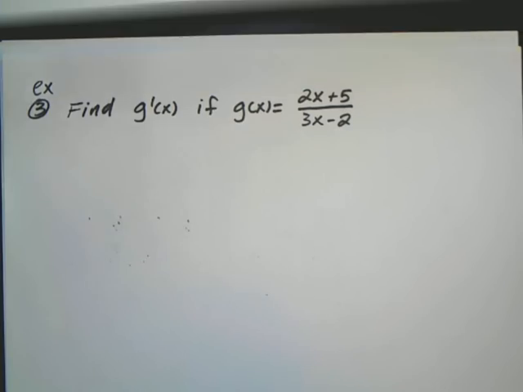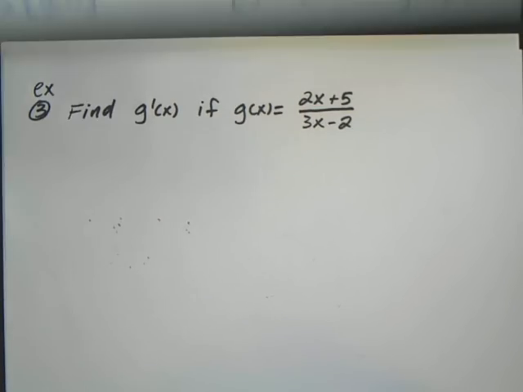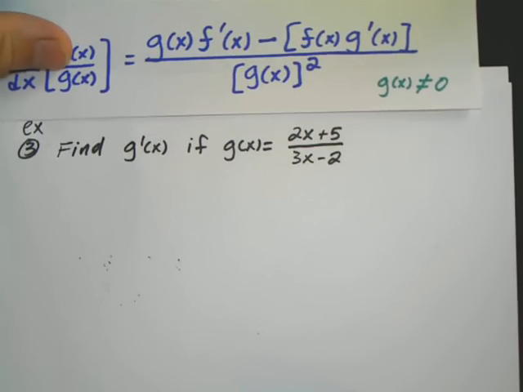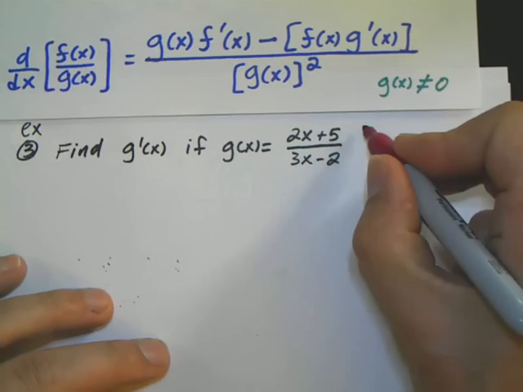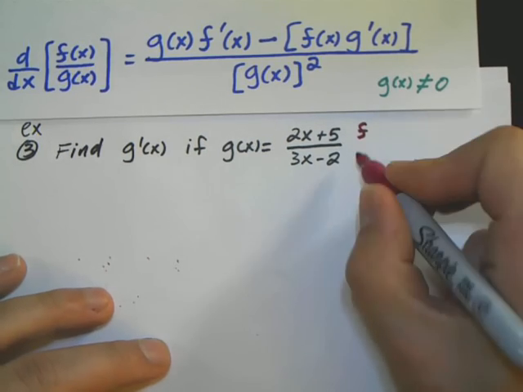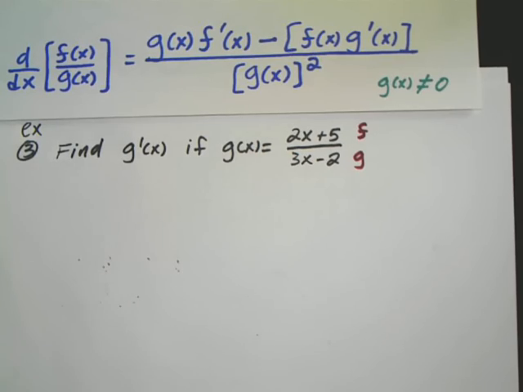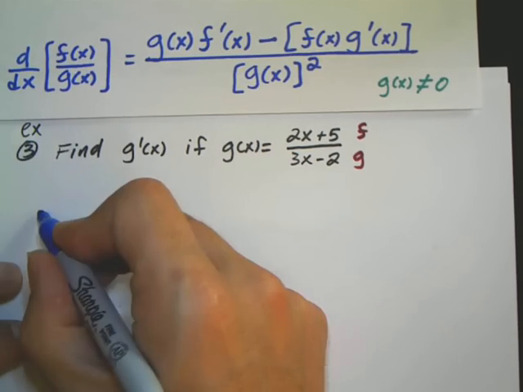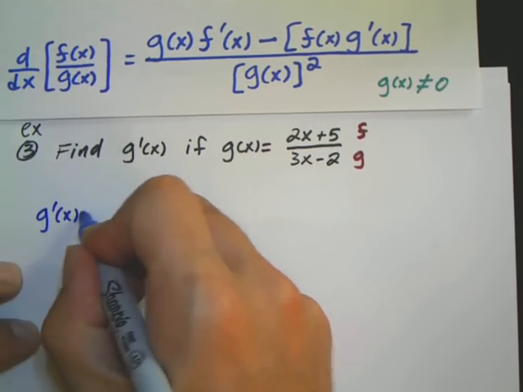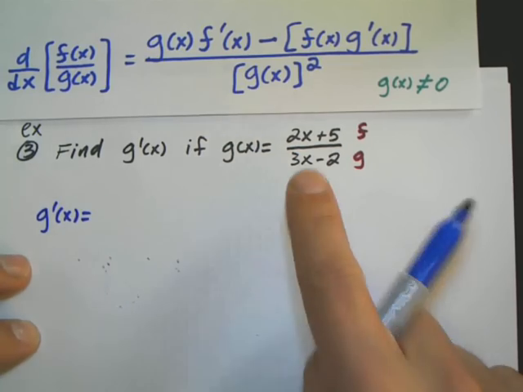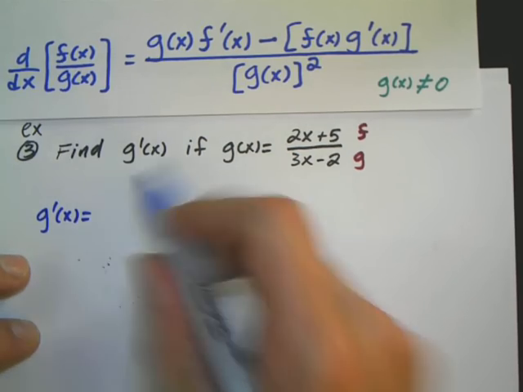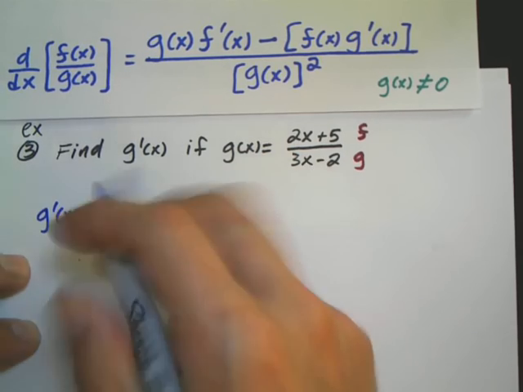So this one is going to be finding the derivative of that. So again, I have my quotient rule here. I can think of the top part as f, the denominator as g. And so my derivative is going to equal, keep the top the same. I'm sorry, keep the bottom the same.